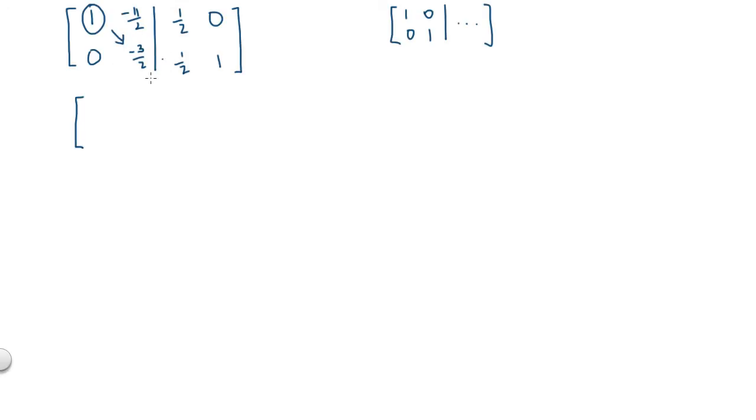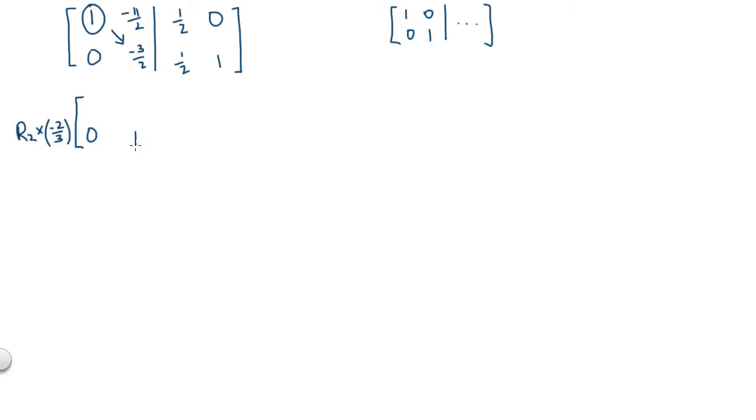Well, to make this minus 3 halves a 1, what we want to do is take this row and multiply by something that's going to give us a 1 here. So let's multiply by the reciprocal of this number. We'll multiply through by negative 2/3, and that will give us a 1 in this position.